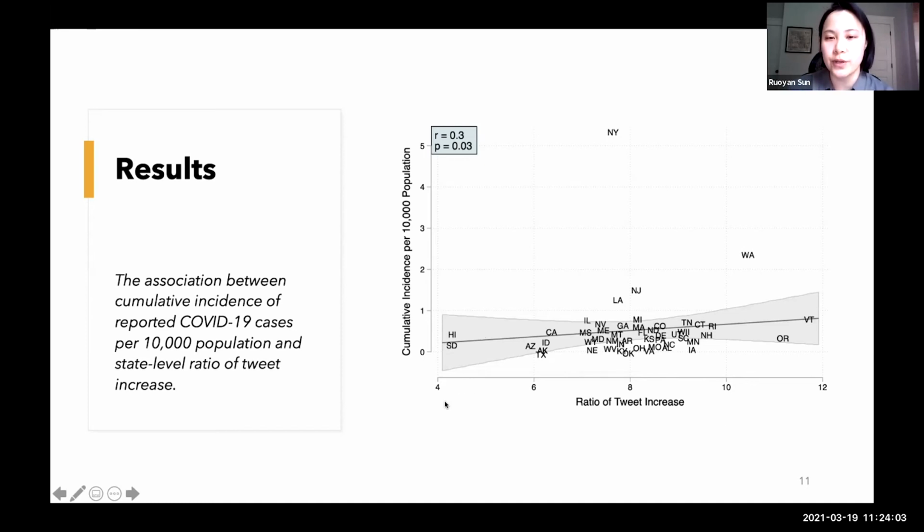We can see the ratio is between 4 and 12. This means there is a 400 to 1,200% increase in the number of tweets or tweet prevalence. And there is a significant positive correlation between these two variables. So what does that mean?